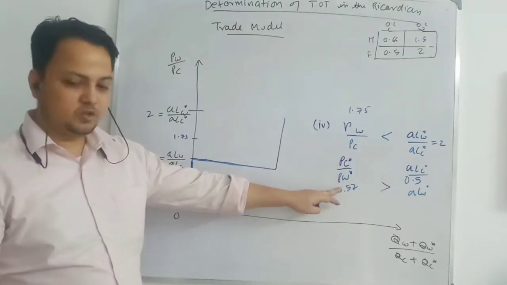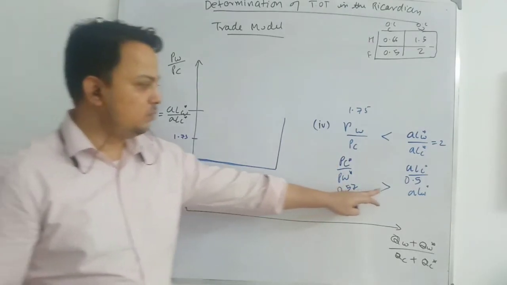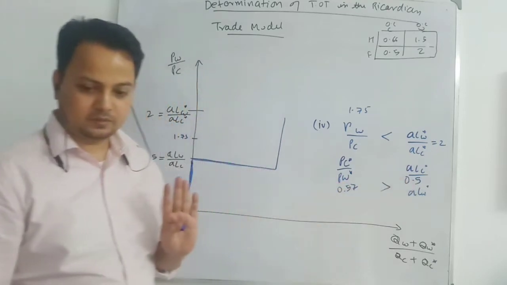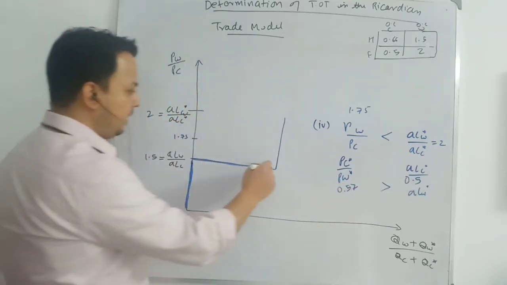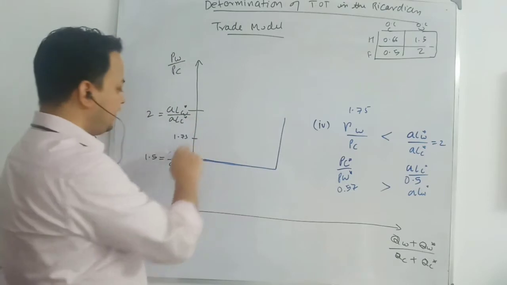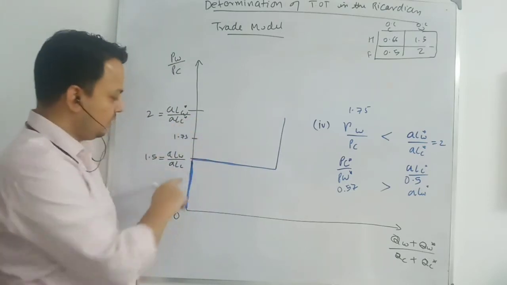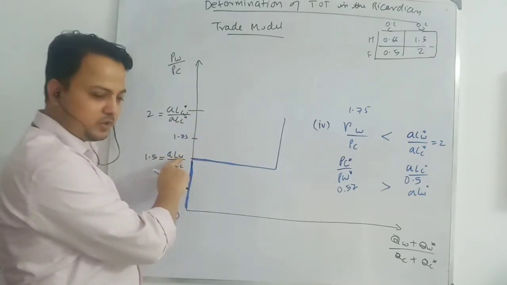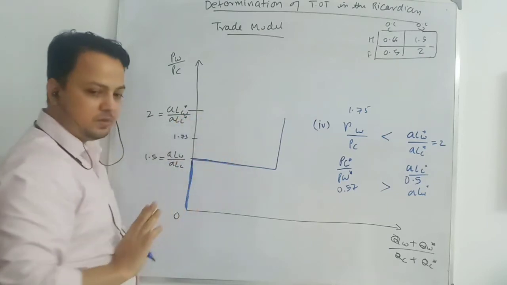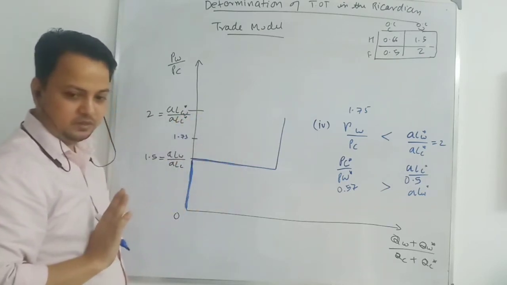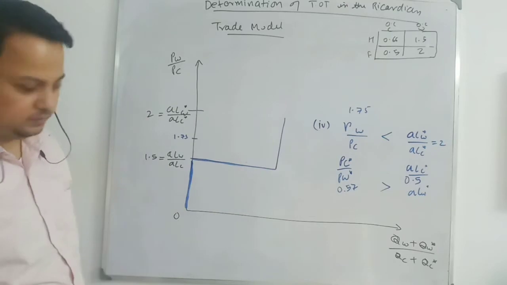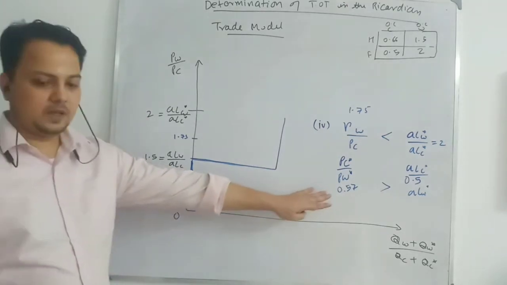Because the relative price of cheese you are getting when you are doing trade is more than the opportunity cost of producing cheese. So for any vertical line between these two terms of trade, the home country will specialize in the production of wine, and the foreign country will specialize in the production of cheese. This is point number 4. Clear everyone?